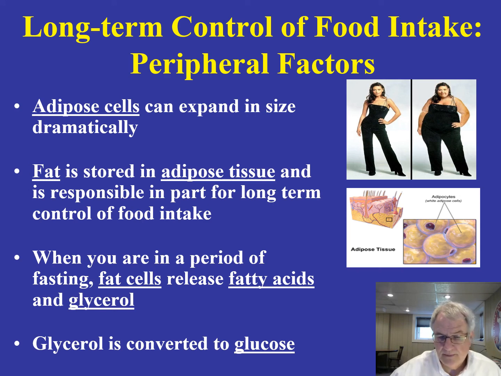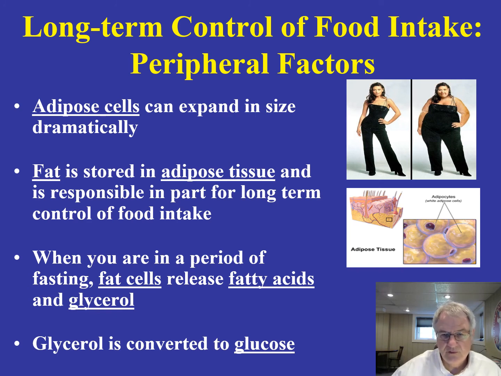When you are in a period of fasting, for example, those fat cells release a lot of fatty acid and glycerol, and that glycerol is converted into glucose. Remember, glucose is that fundamental energy source for our brain, for our body.